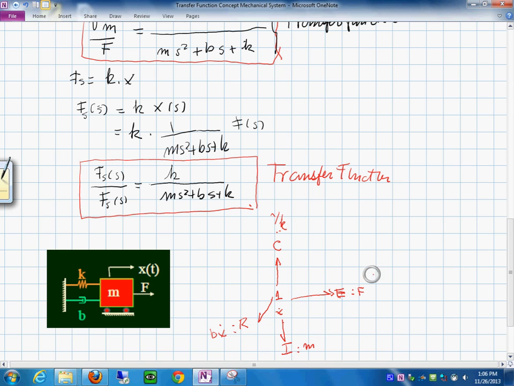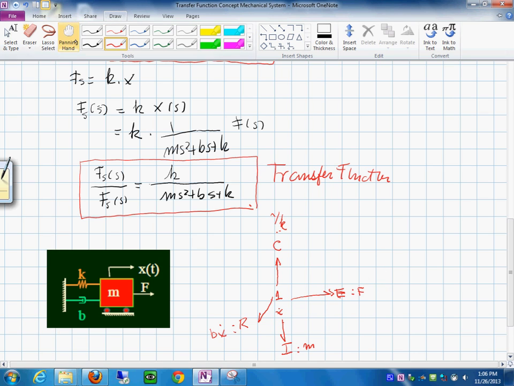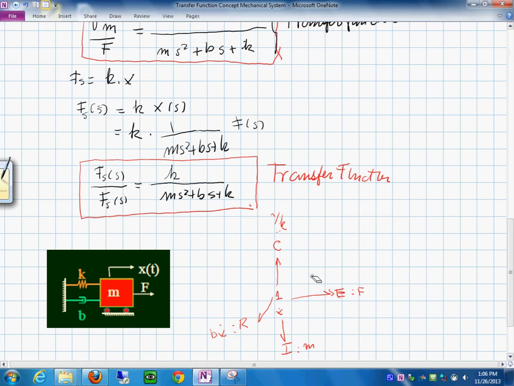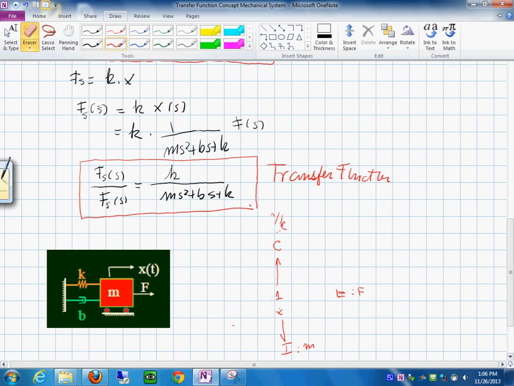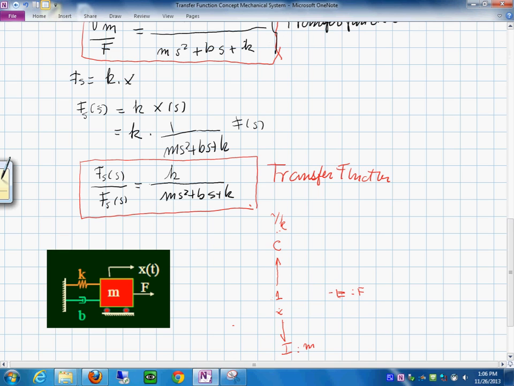So this bond graph model, we need to enter it into ChemG. Let's just fix it up a little bit in here to make it look pretty. I'm not going to change it, but this is the source of effort, and then of course here is the R element.